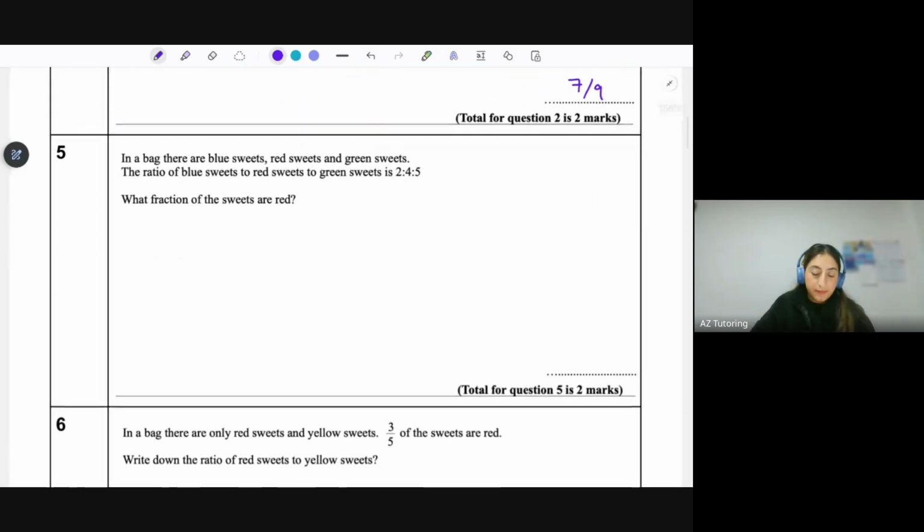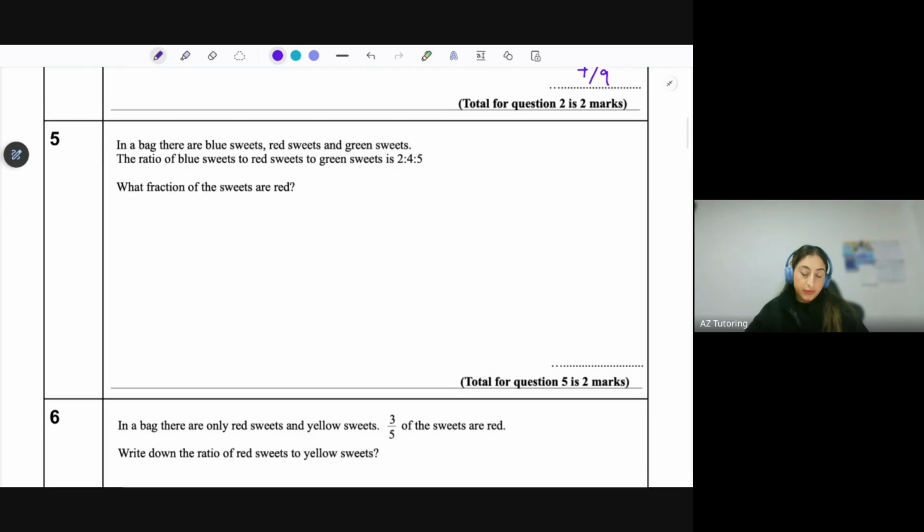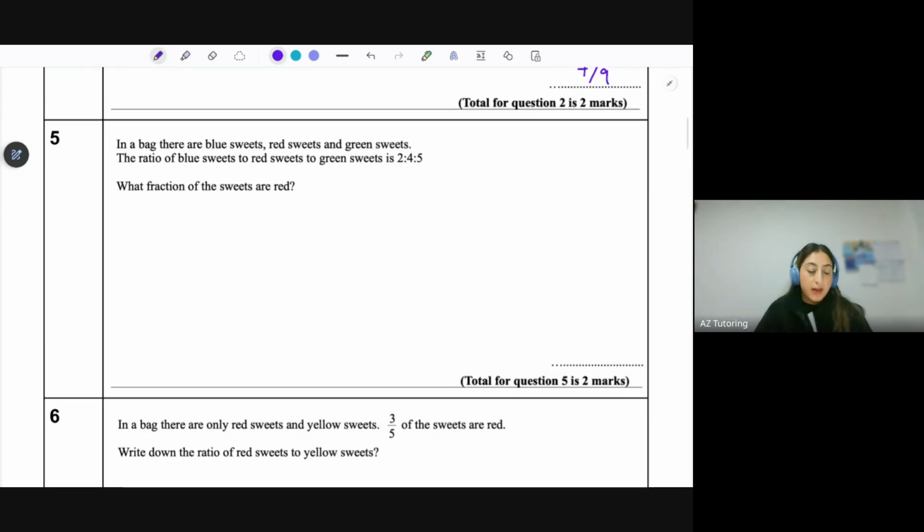So next question, number 5. So this is sharing, not sharing ratio. So it's a ratio with 3 parts involved. So in the bag, there are blue sweets, red sweets, and green sweets. The ratio of blue sweets to red sweets to green sweets is 2 to 4 to 5.